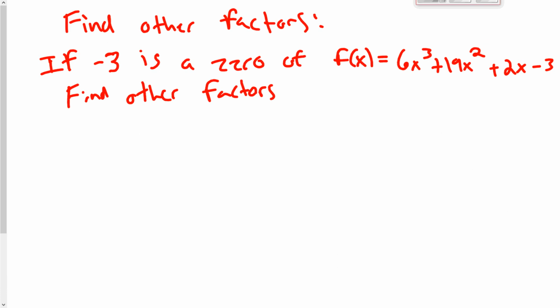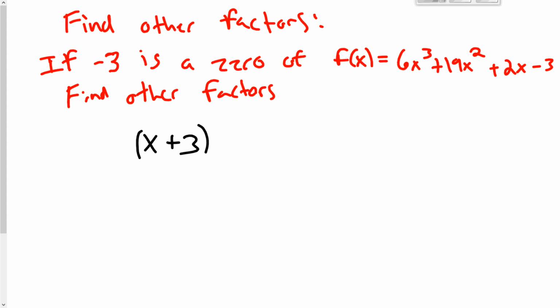Now the next topic is finding other factors. If negative 3 is a zero, that means x plus 3 is a factor. We're already given one factor because negative 3 is a zero. We want to find the other ones. So we're going to use synthetic division again.